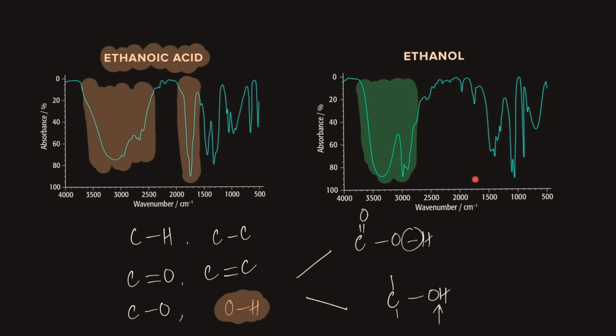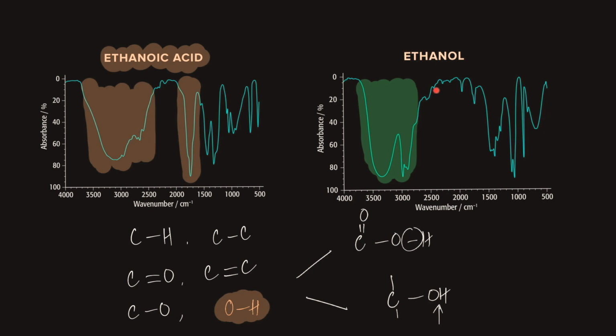You don't really have to remember the peak ranges, because it's all in the data booklet. But just to make your life much easier, by looking at this graph you can tell which one is an acid and which is an alcohol just by the shape, not the range, just by the shape of it.